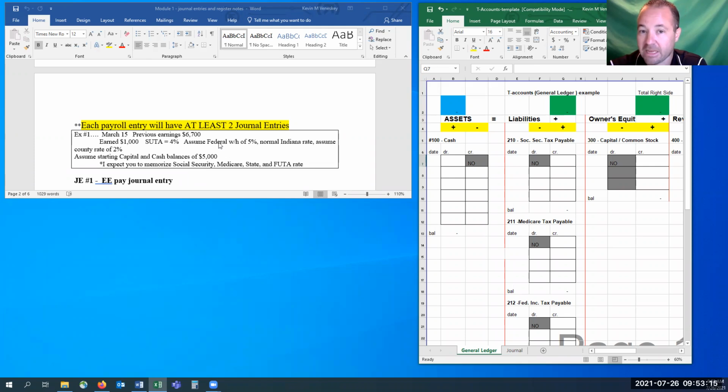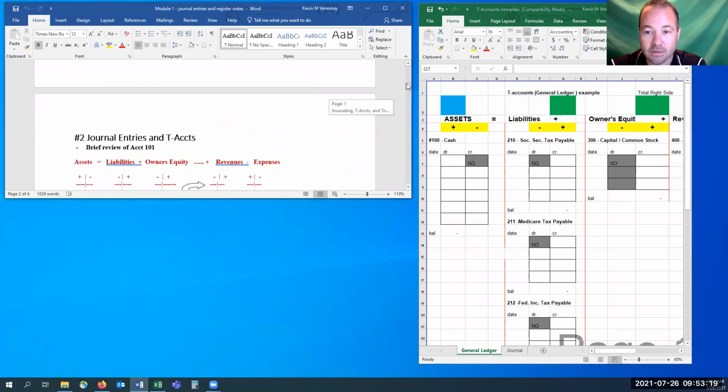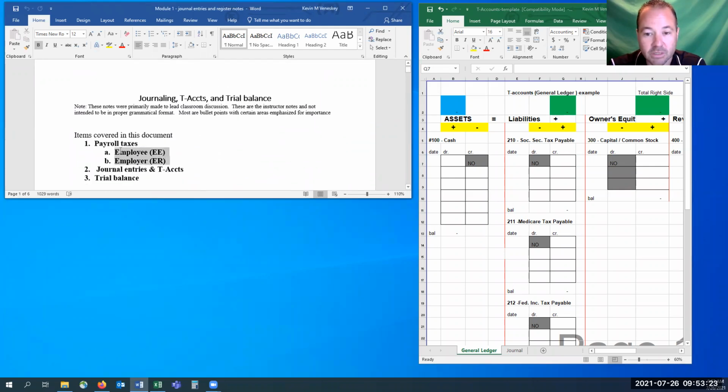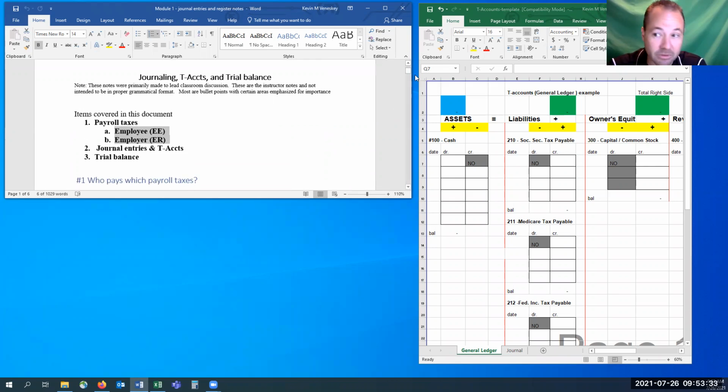All right, so each journal entry in payroll, and this goes back up to our notes, is going to have two, because we're going to do a journal entry for whatever the employee has taken out of their check. And then we're going to do a journal entry for whatever the employer has to pay in addition. So remember, the employer has 4 extra taxes that they have to pay.